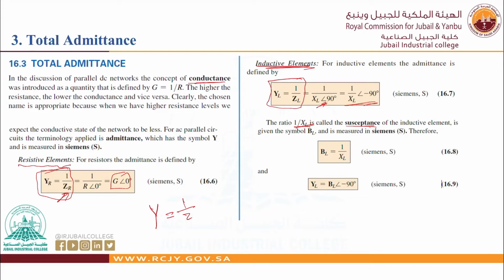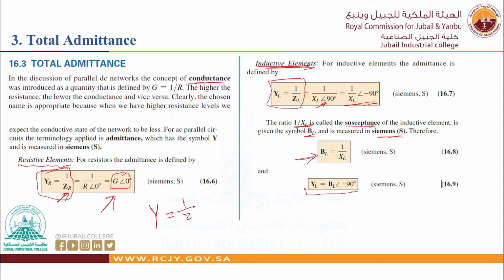The susceptance of the inductive element is given by the symbol BL and is measured in Siemens. Therefore BL is equal to 1 over XL, which is YL is BL with angle minus 90. In case of a resistor or resistive load, it is conductance. In case of an inductive element, it is called susceptance.